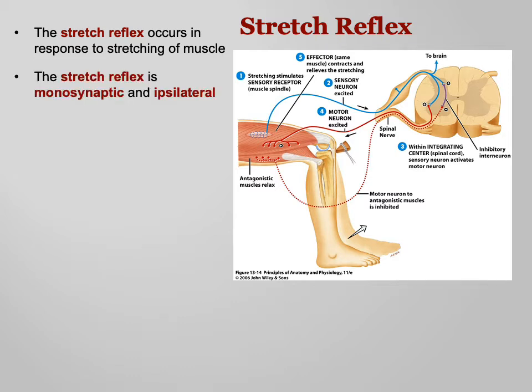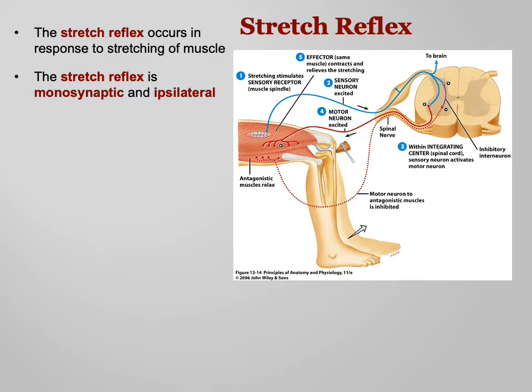So stretch reflex is monosynaptic and ipsilateral. So monosynaptic means one synapse. Now this is a little bit confusing because there's actually more than one synapse. But once we look at other reflexes that are polysynaptic, you'll see that they have a lot more. Monosynaptic has one main synapse.